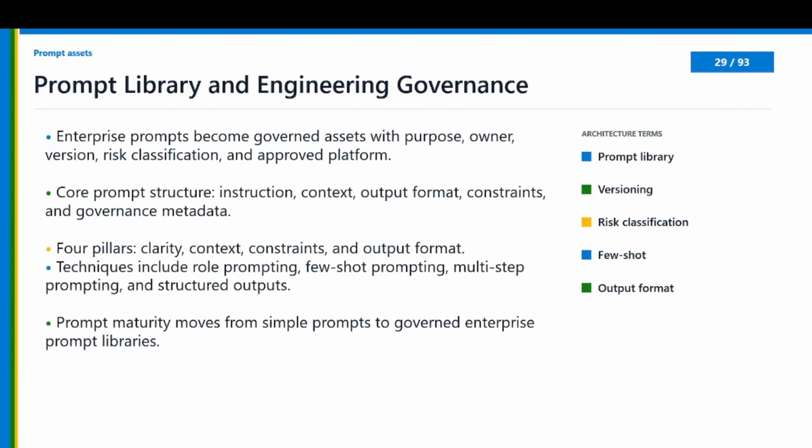All right, guys, so let's look at what we have here on slide 39. We have prompt library and engineering governance. So prompt assets. This is prompt engineering. Prompt engineering is just giving an agent instruction on how to perform a task, and we have several types: zero shot, few shot, chain of thought, and then tree of thought.